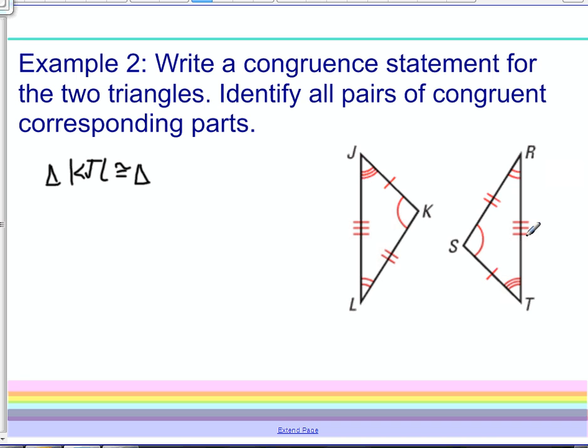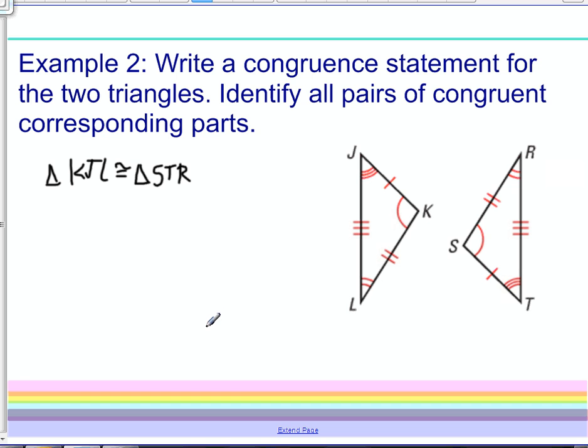I do have to match up the corresponding parts. The corresponding angle with K is in fact S, so S is going to be my first. The corresponding part to J is T. And then last but not least, the corresponding part of L is R. So that would be my congruence statement for these two triangles.